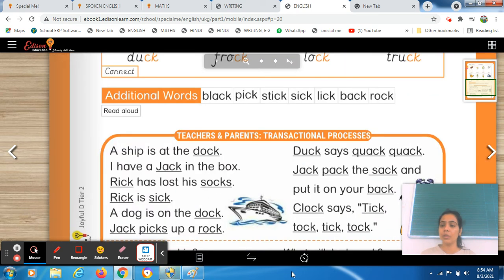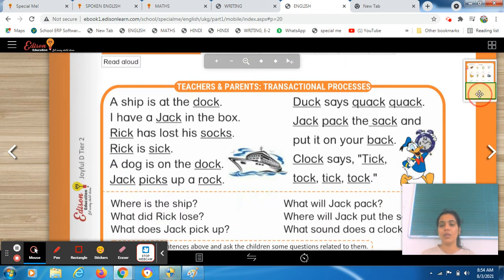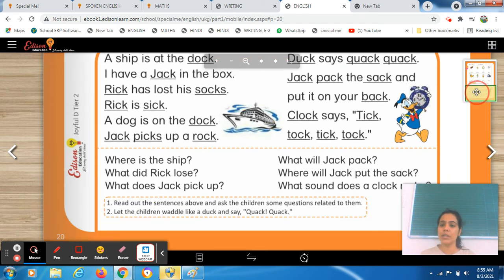As you know, the format is the same: the very first day I introduce you to the new sound, and related to that sound we covered lots of words. Another day we did the written practice of those words, and the next day we will complete the second half of this page while reading a passage and solving some questions. So students, in this worksheet we all have to do the same.